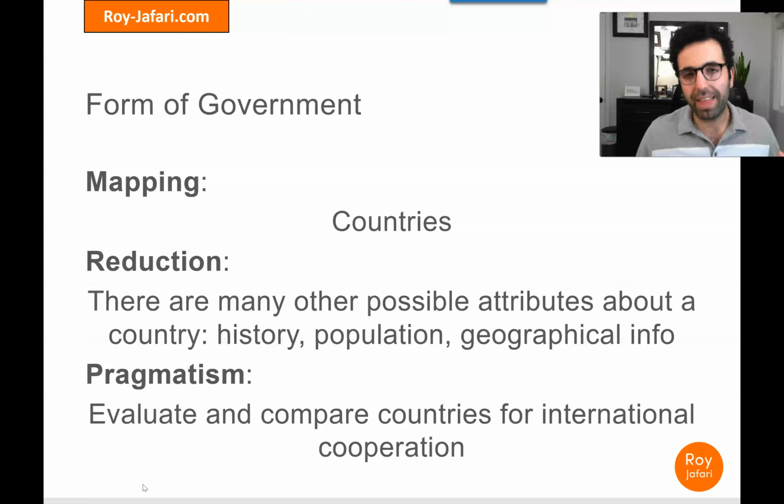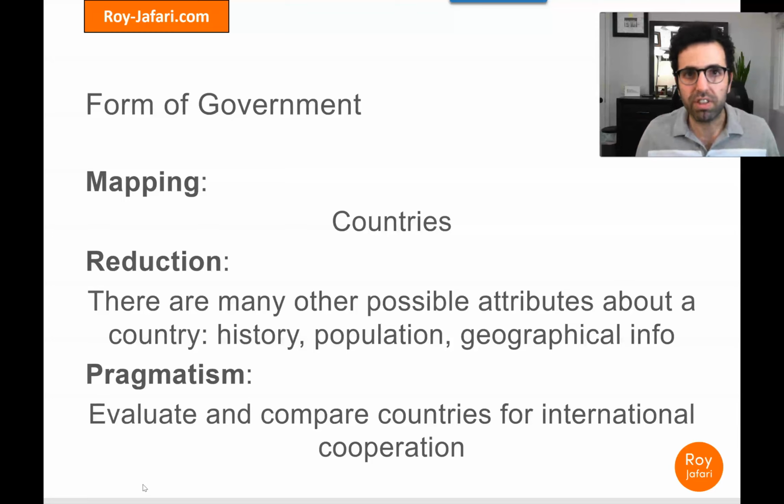So let's talk about the 3 characteristics of general model theory that we talked about. We are mapping. What is it that we're mapping? We are mapping populations of countries. We are mapping all the countries in the world, and each country is being mapped and measured. What are we reducing? Of course a country has many different aspects: historical, geographical. Their map is different.